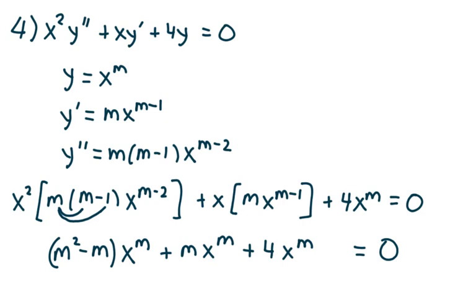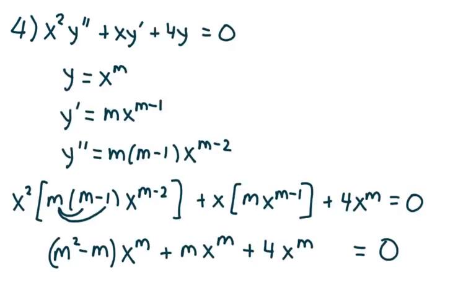Now, if I factor out an x to the m, I get x to the m times the quantity m squared minus m plus m plus 4. This is equal to 0.